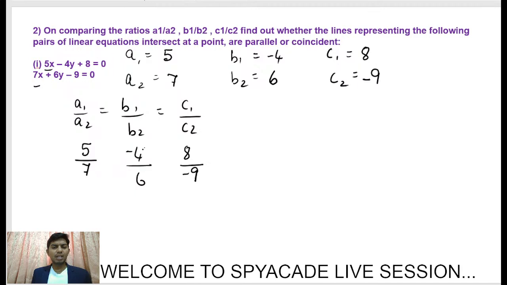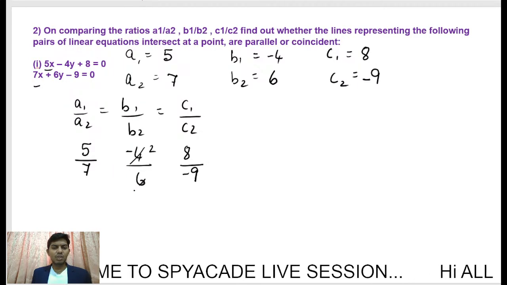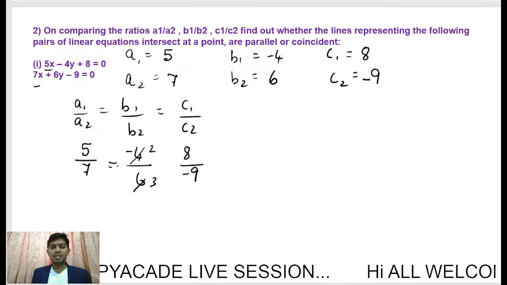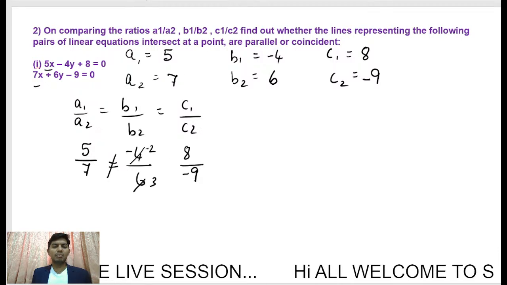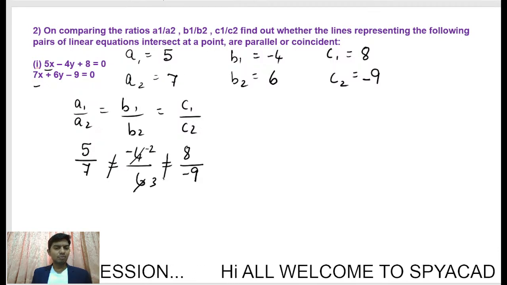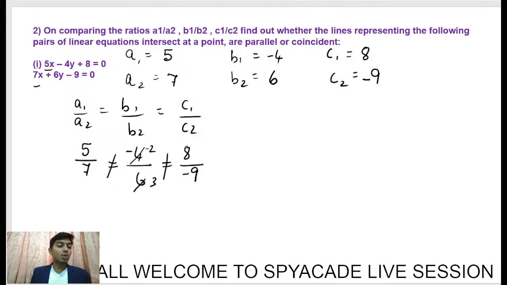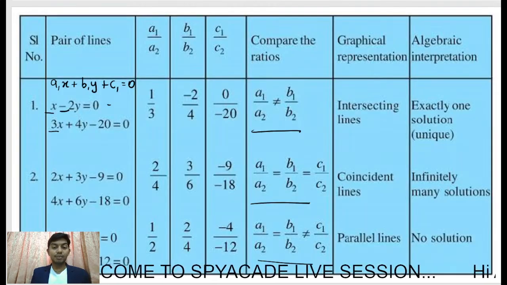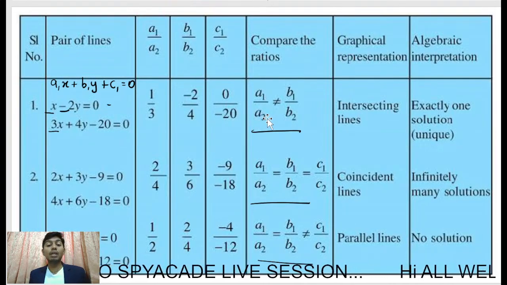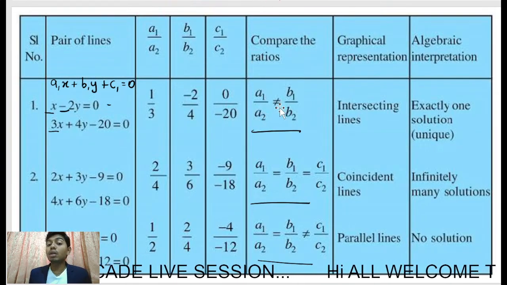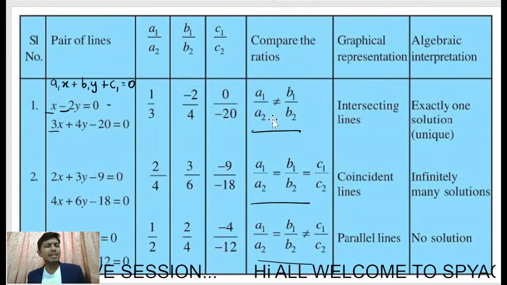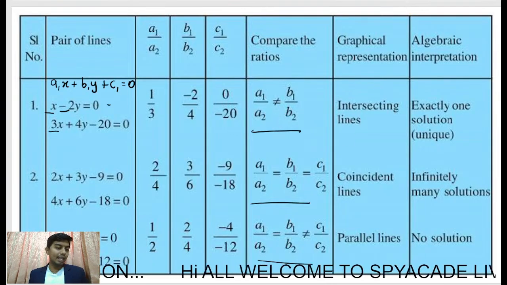Is it equal somewhere? Maybe we can try to cancel here, but still it is not equal. No. Is it equal somewhere? No, it is completely not equal. So you just check with the condition. If A1 by A2 is not equal to B1 by B2, which means it is intersecting lines.